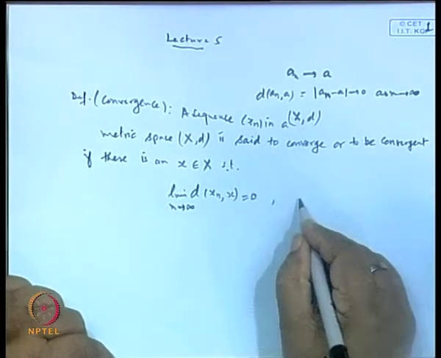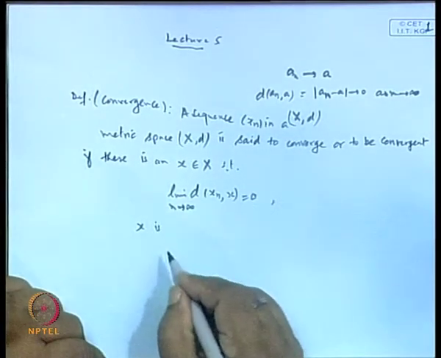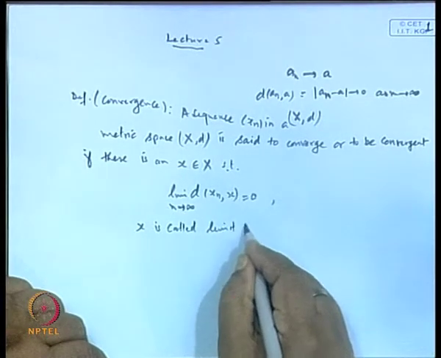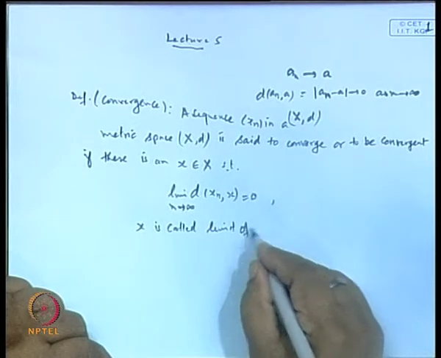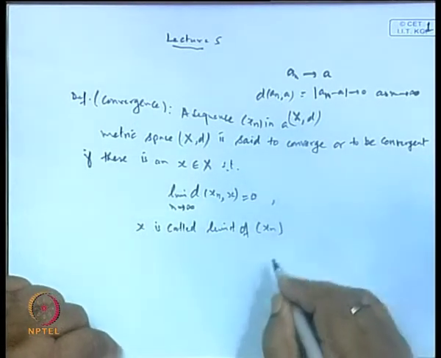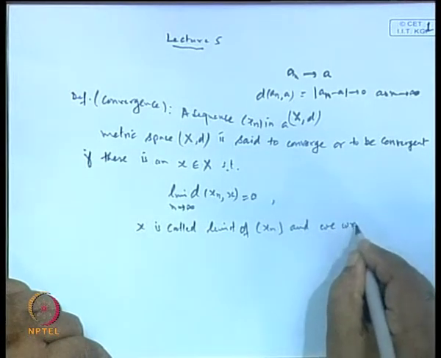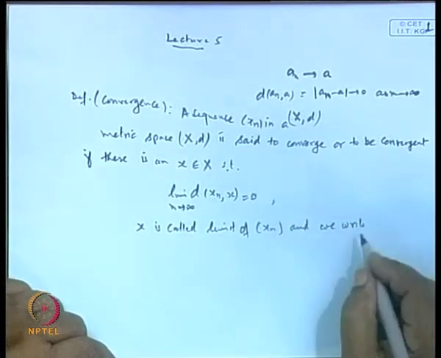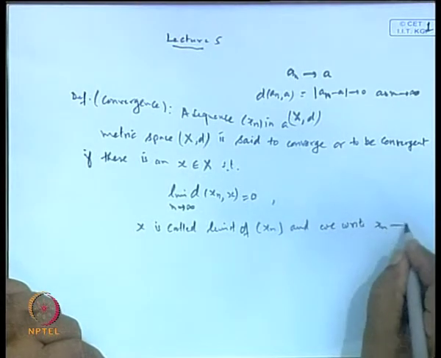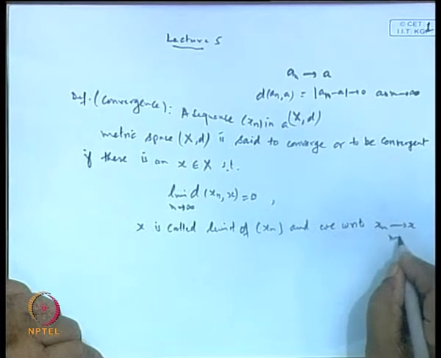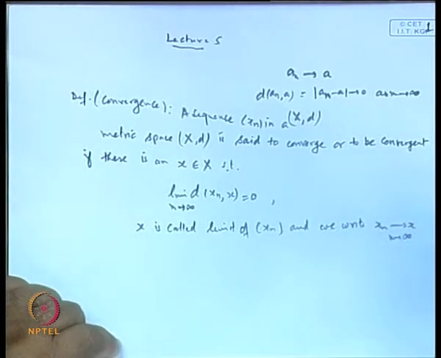Here x is called the limit of the sequence x n, and we write x n goes to x, or the limit when n tends to infinity of x n is x.